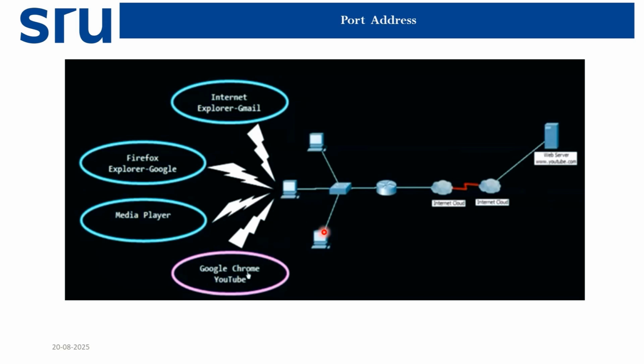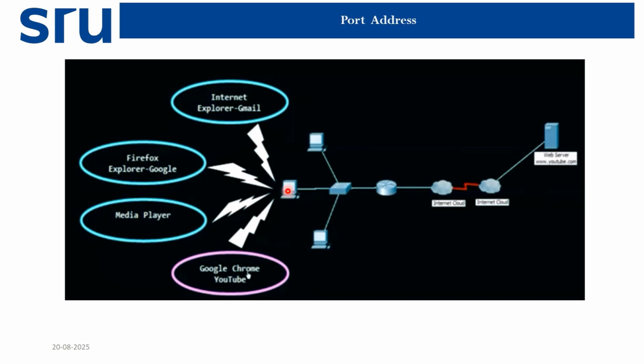Say from this Google Chrome browser, a request is sent to youtube.com, and that request is accepted by YouTube, which now gives the video data. The IP address will take the data up to this stage. After reaching this stage, the MAC address will take it up to this part, the correct host.